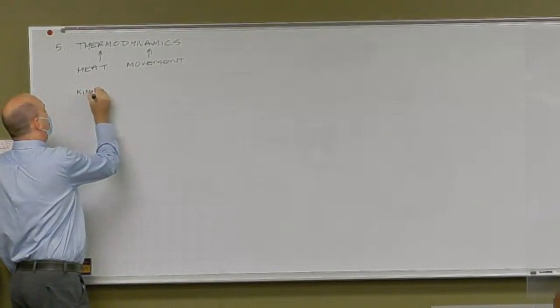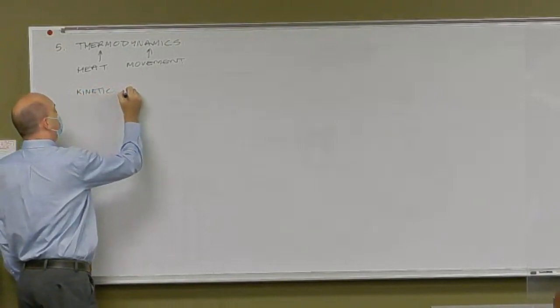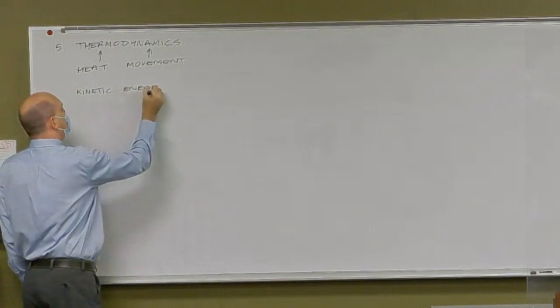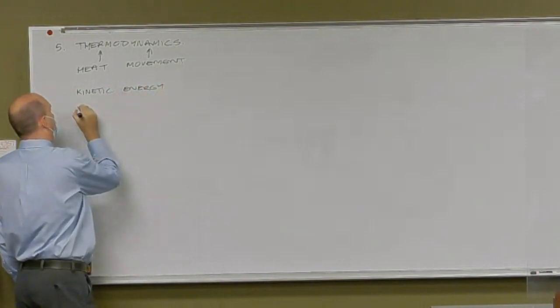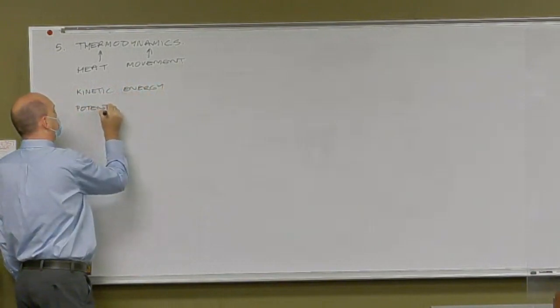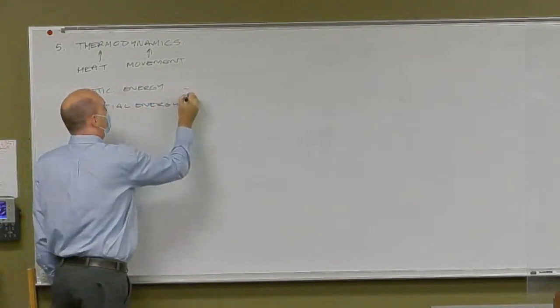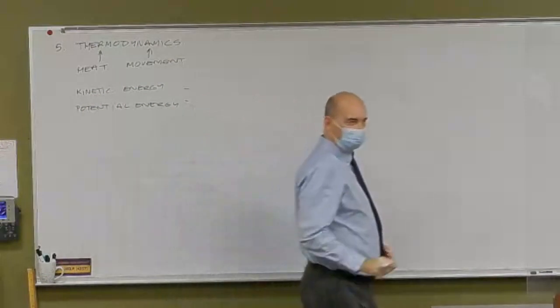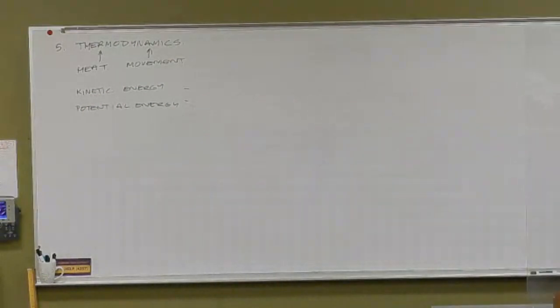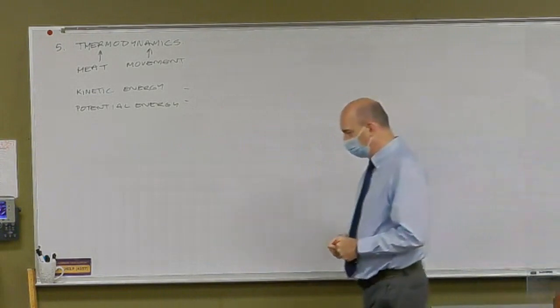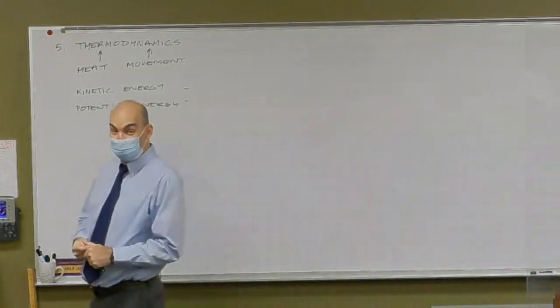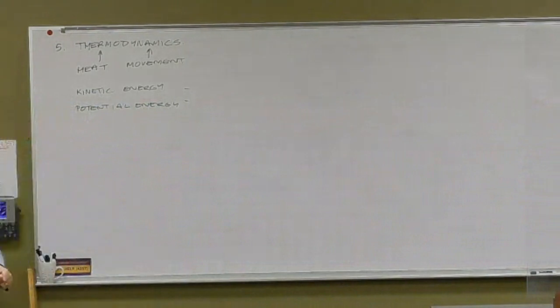So you know that we have two top forms of energy. And you were probably told at some point, middle school, that energy can be divided into potential energy and kinetic energy, and the kinetic energy is the energy associated with motion, and the potential is the energy associated with position.